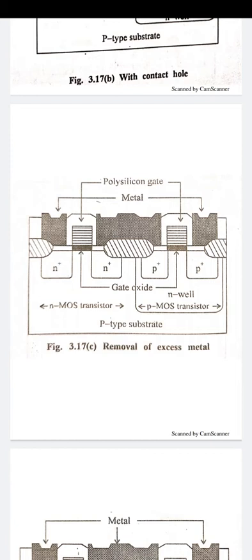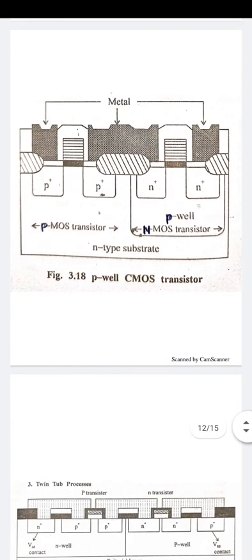And in the P-well process, shown in the next diagram, the N plus regions are created for NMOS transistors in the P-well region, and parallelly we create the PMOS transistors on the N-type substrate. So this is the diagram of the P-well NMOS transistor making.